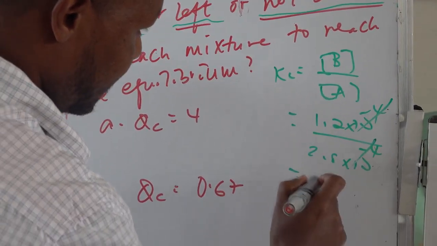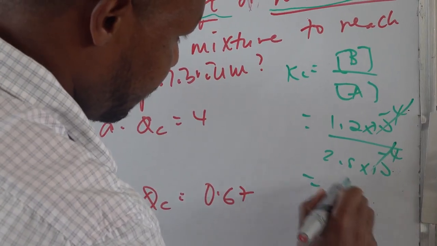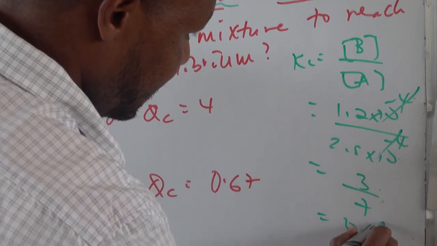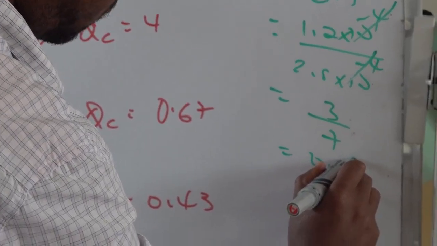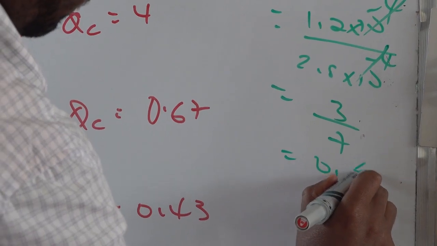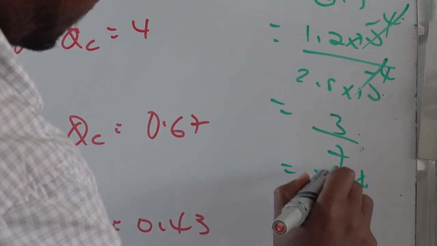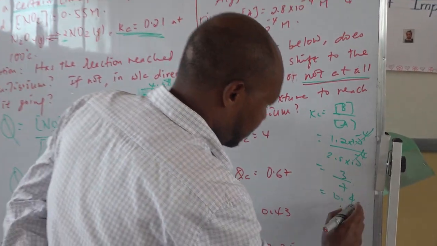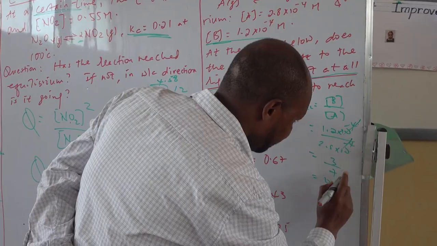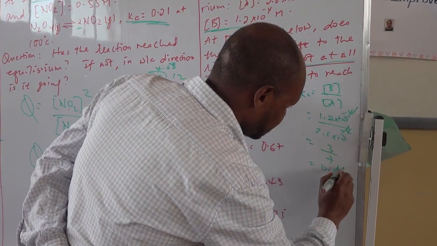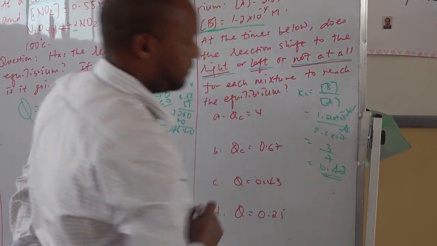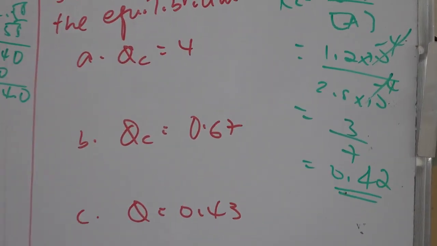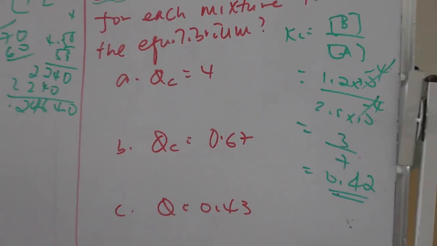Simplifying this, this is approximately 0.42. So this is the equilibrium constant.